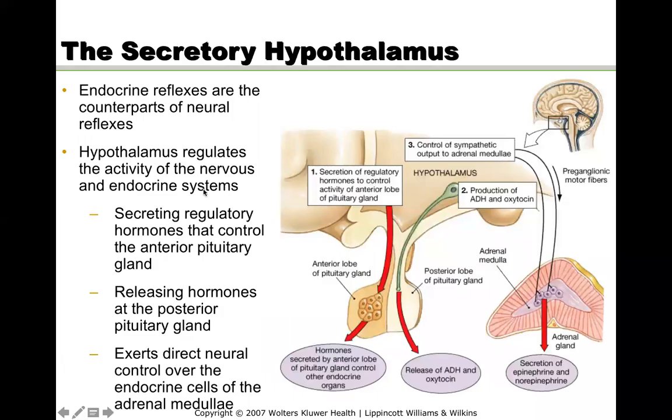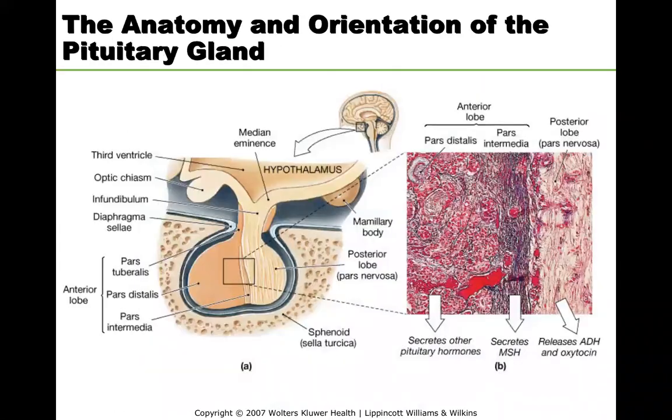So if you look in here, this is the hypothalamus, and it has its control on the pituitary. We'll learn a little bit of the pituitary also. So I'll come back to this slide again. Just to understand the pituitary, this is the hypothalamus and this is the pituitary.